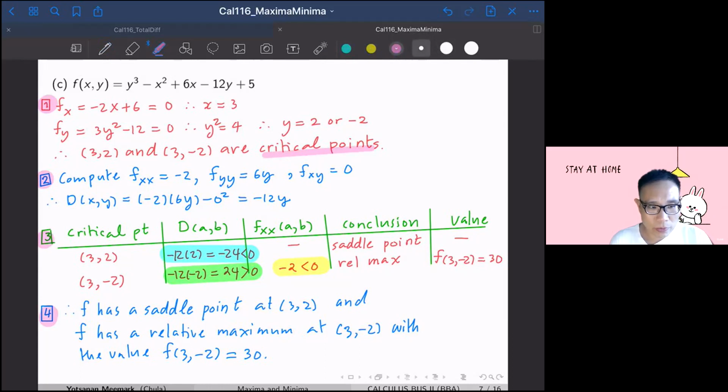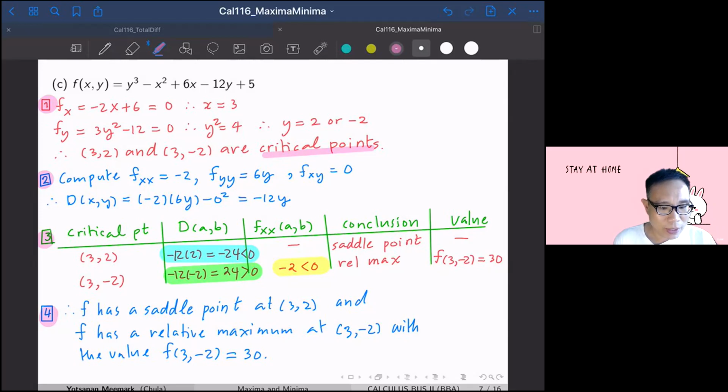And in the fourth step, you give the conclusion for the points you have. So these are the 4 steps for the question.